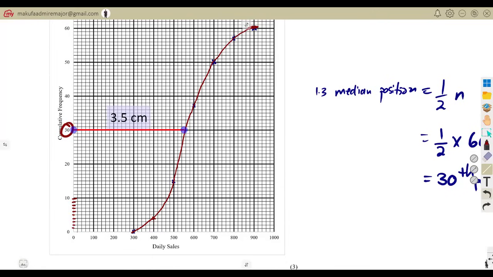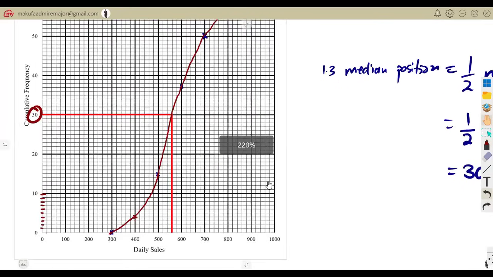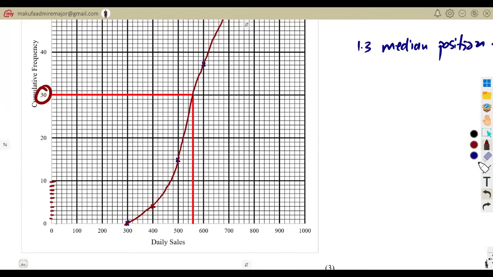Then from that point, you are supposed to take it down, going down like this. So this is the corresponding value that we are going to have. At this value, we are supposed to count what its corresponding value is on these axes. That is the daily sales.